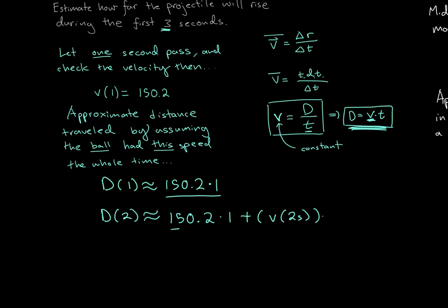But we've already collected an approximation for how far it went during the first second. So I want to wait 1 more second and approximate how much further this ball went during the second.